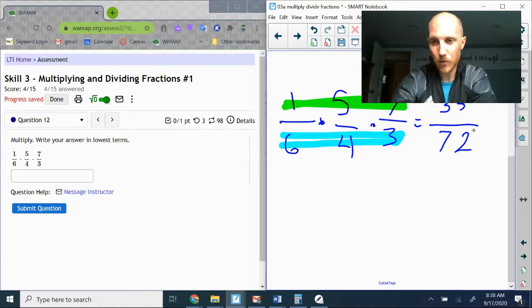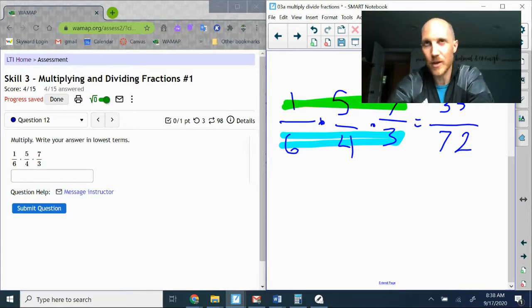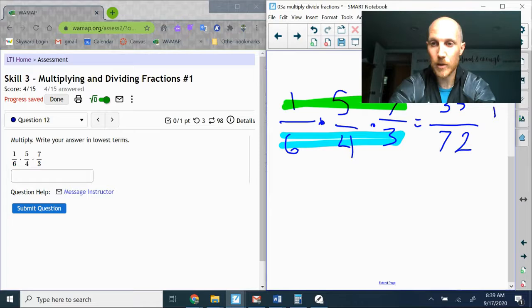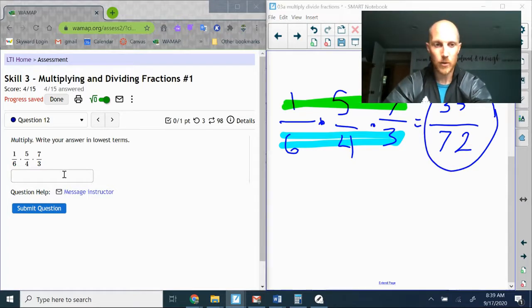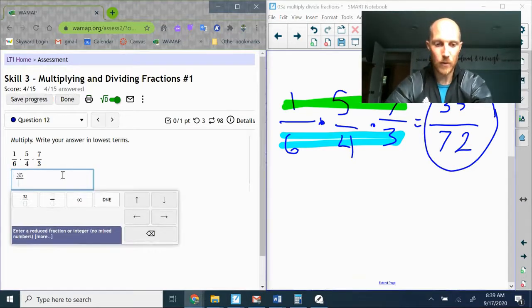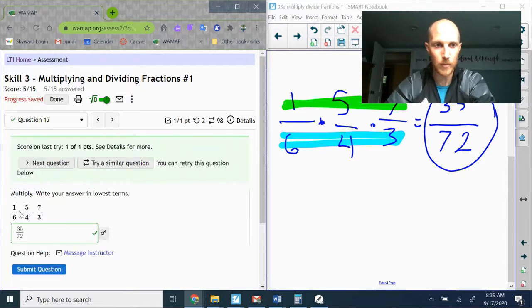If I reduce by 1s, I get the same answer, so that's not ever going to help. Let's see, 5 does not go into 72. 7 also does not go into 72. So I thought it through. I checked possibilities. Nothing works. So this one does not actually reduce any further. So 35 over 72. Click that toolbar away, hit submit.